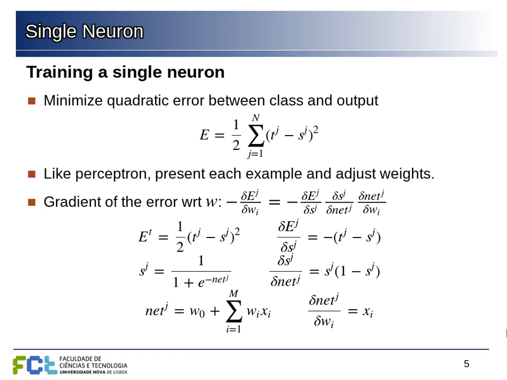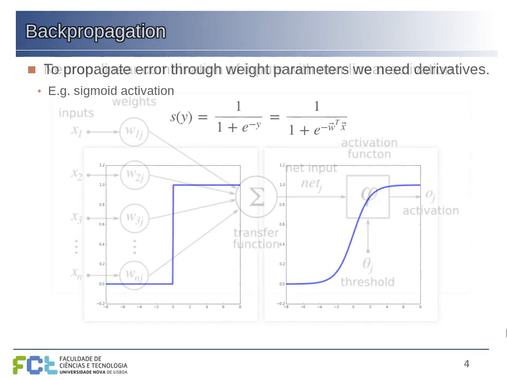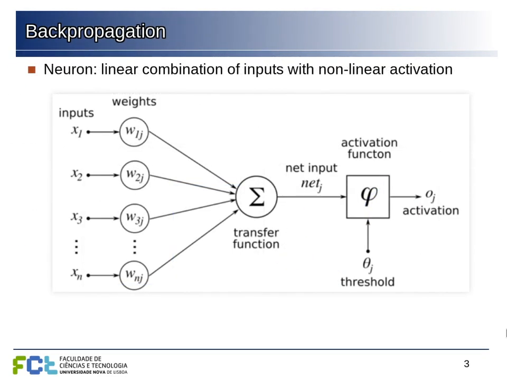And what we can do with this is to chain all these derivatives so that we can know what change in the parameter that we're trying to adjust will do to the error function. So looking at it in this scheme, we have this sigmoid activation, the output, the error here, and we need to go all the way back to each of these weights and change it in a way that reduces this error function.